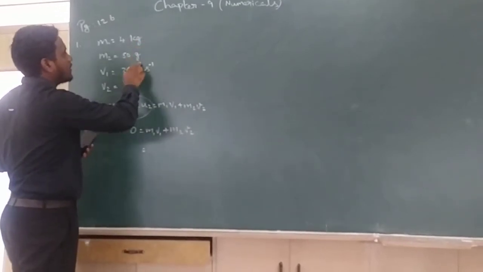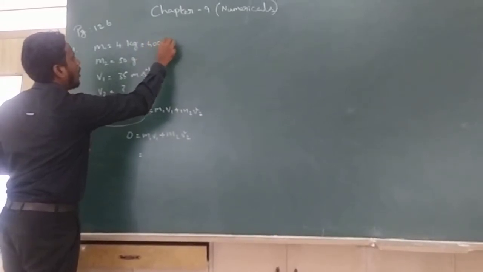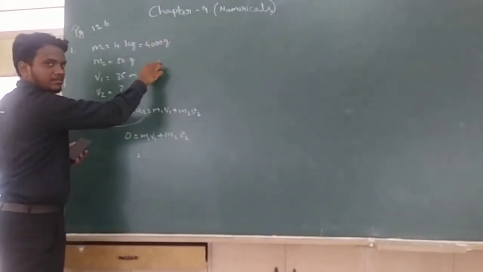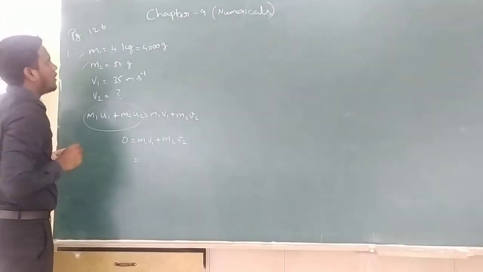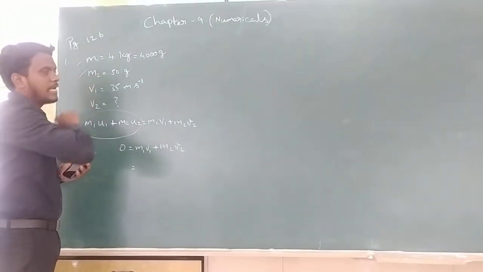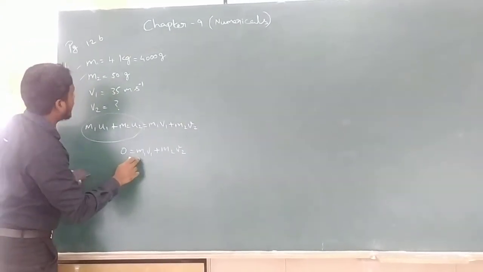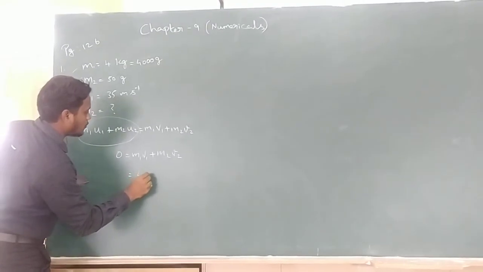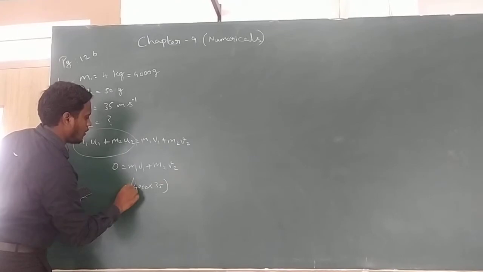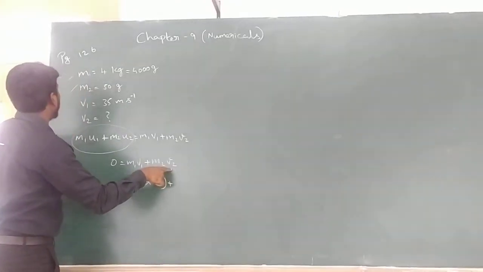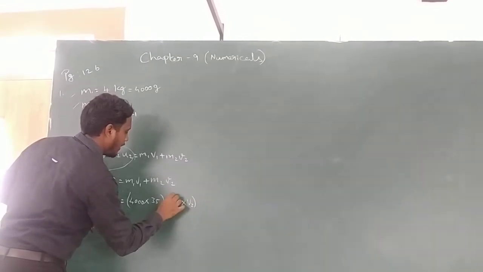This is in kilograms and this is in grams. Either you have to convert this to grams or you have to convert this to kilograms. Either is fine, but you have to have both the masses in the same units. So I am converting it into 4000 grams. Now what do I get? 4000 into 35 plus m2 v2, m2 is 50 into v2, which I have to find.